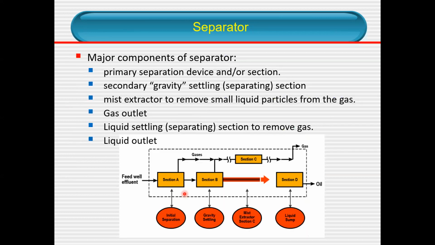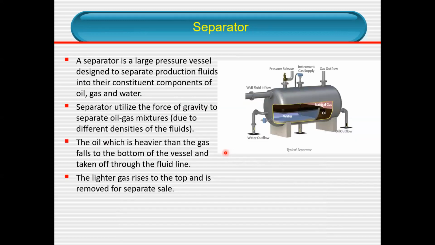Major components of the separator: primary separation device section, gravity settling separator section, and a mist extractor to remove small particles. These are basically the separators to remove oil and water, and you have other plates over here where the natural gas is treated so that it goes to the top, other than its natural gravity settling.